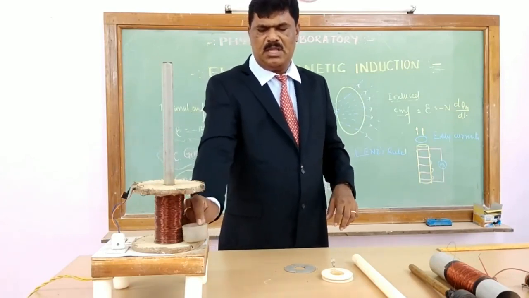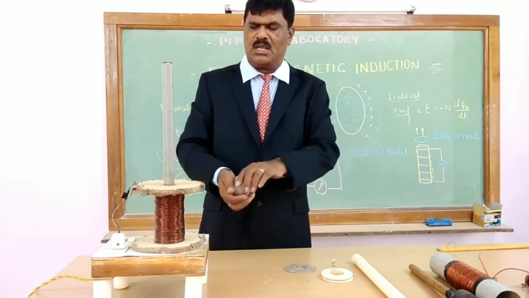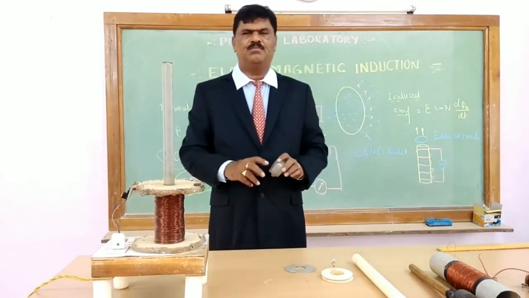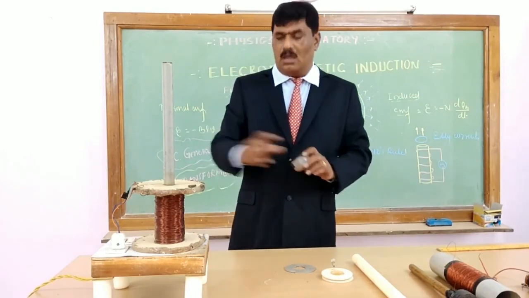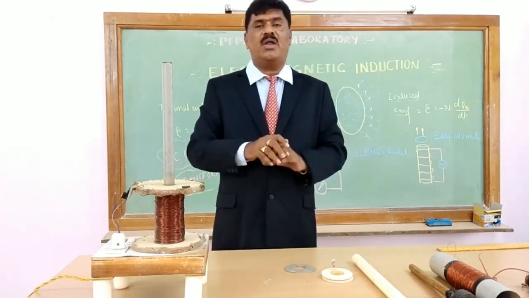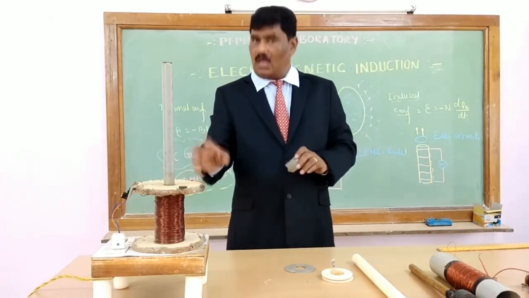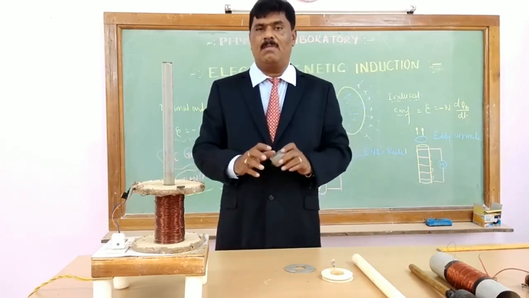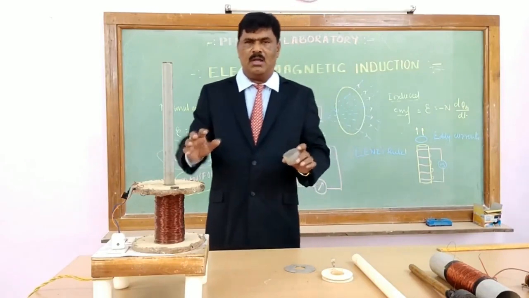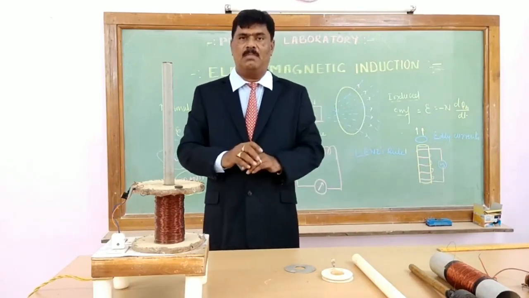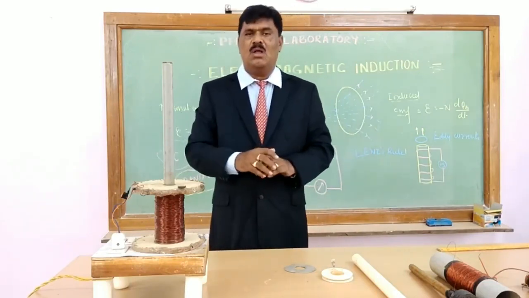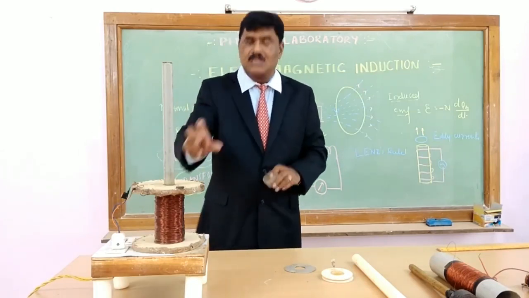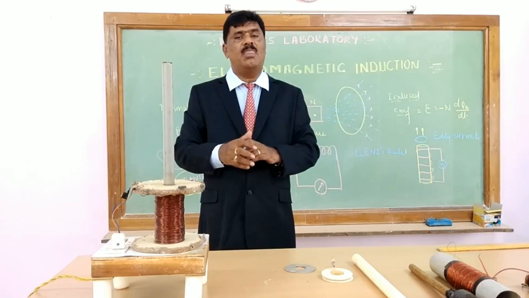Okay, friends, see that? Now the question arises: why does the magnet vibrate here? It is very simple. There is a changing magnetic field. That means the coil I have used here acts as a solenoid, and a current-carrying solenoid is equivalent to a bar magnet. But here, because of the flow of AC current, the polarities on the ends of that solenoid keep changing.